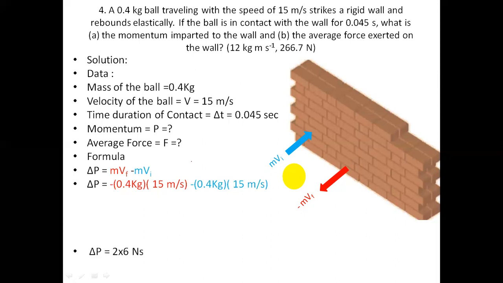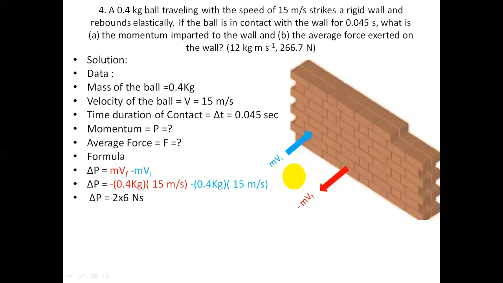So what do we get? 0.4 multiplied by 15 is equal to 6, and 0.4 multiplied by 15 is also equal to 6. So the change in momentum will be equal to 2 into 6 newton seconds.